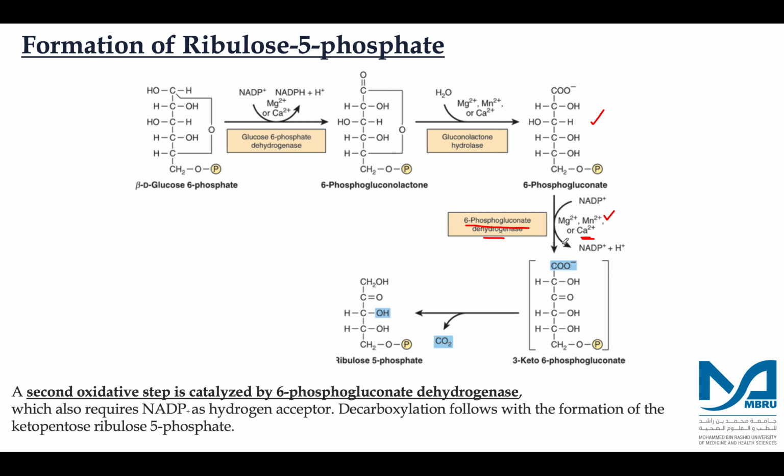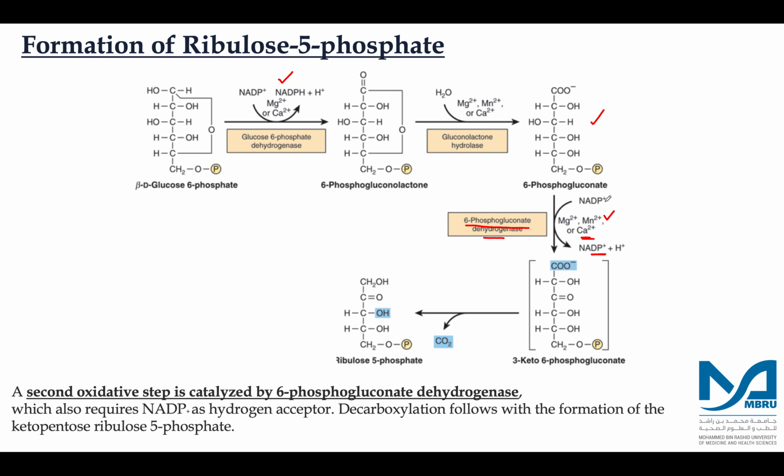The proton that is released reduces NADP to NADPH plus H+. So this is similar to what is happening in the first step. Just add an H here, which is missing.